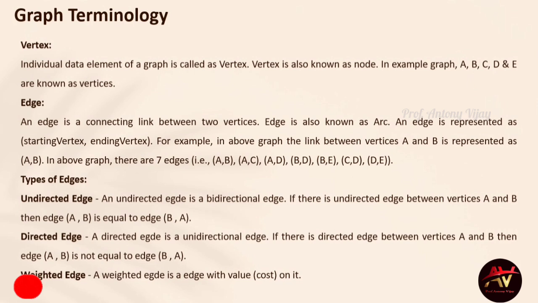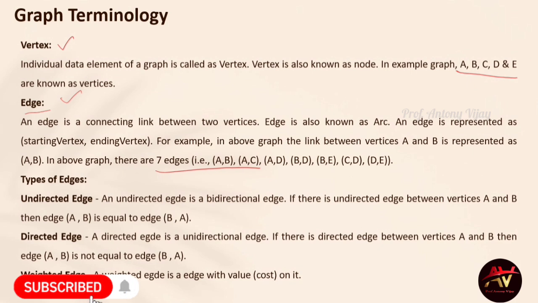So now I am going to teach about graph terminology. In this I am going to tell you about the important terms of a graph. So the first important term is vertex. I have already told you in the previous diagram there are 5 vertices, and when I talk about edge, there are 7 edges already available in the previous diagram.